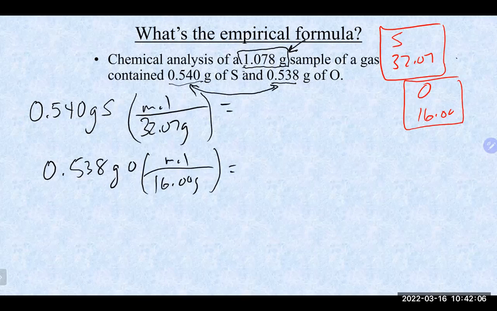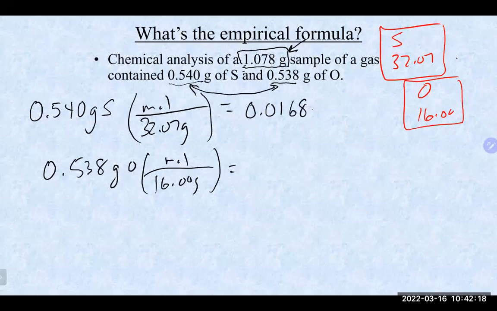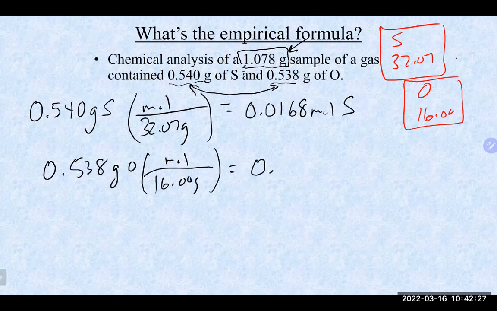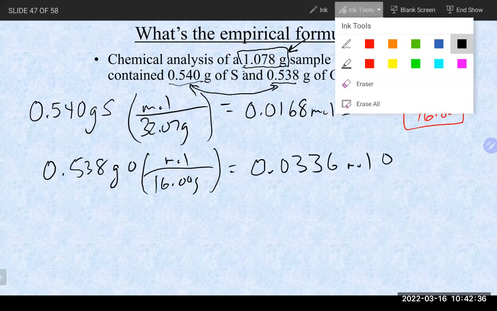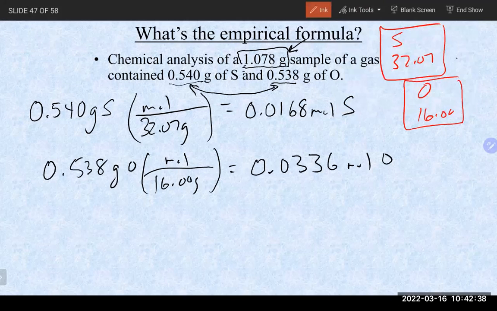That is going to get us for our sulfur, 0.54 divided by 32.07, we'll call it 0.0168 moles of sulfur. And for our oxygen, 0.538 divided by 16 gets us 0.0336 moles of oxygen.